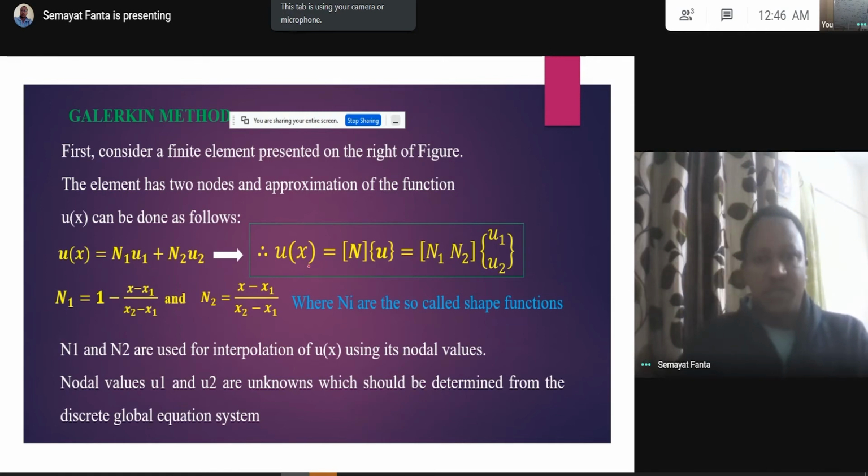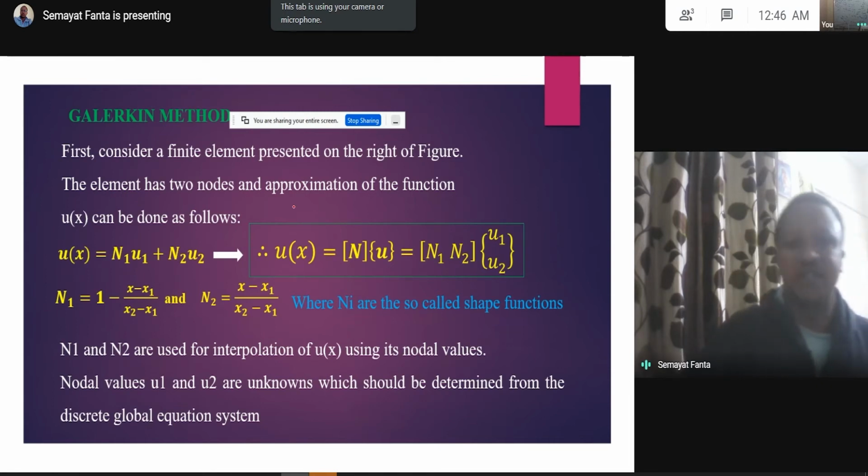This can be represented in matrix form as the matrix N times u, which is equal to N1 N2 times u1 u2. This is the matrix form of the approximate solution function.